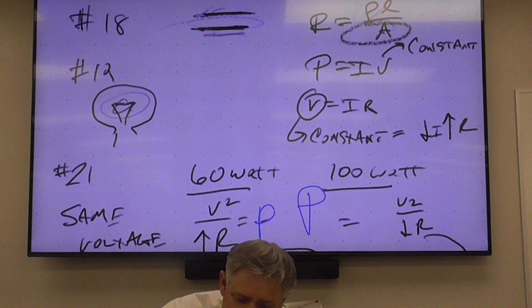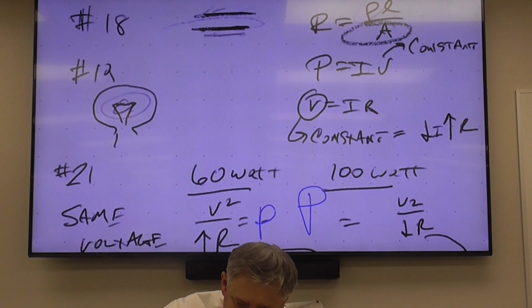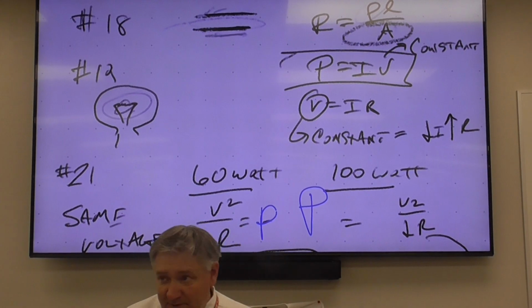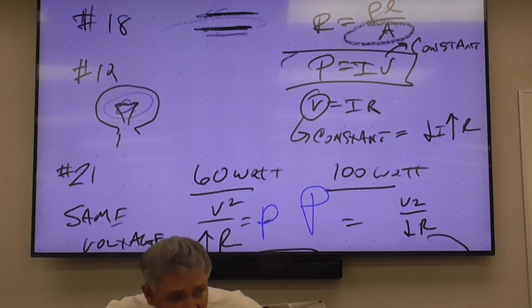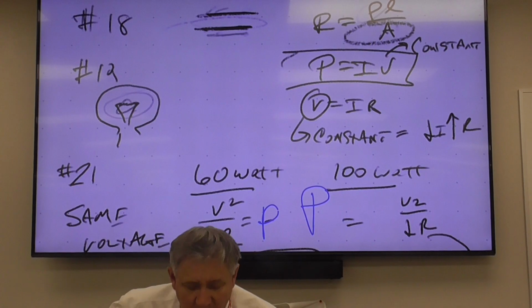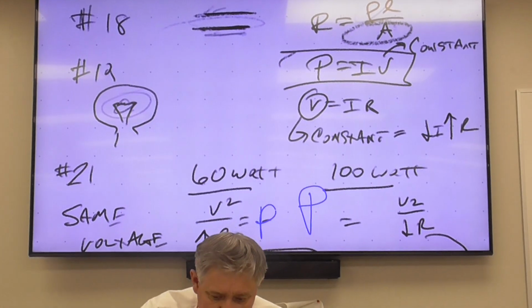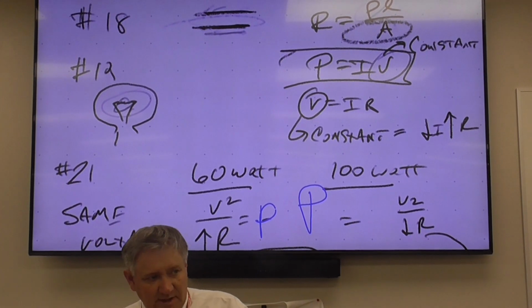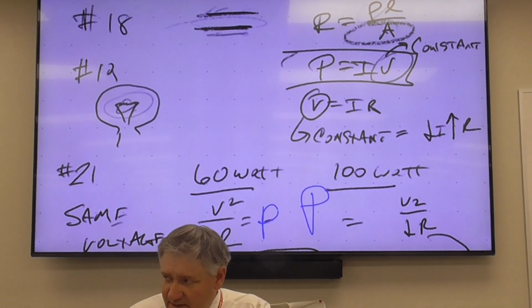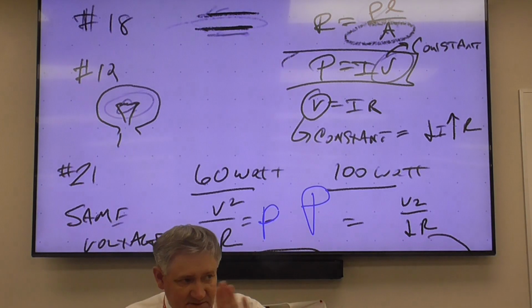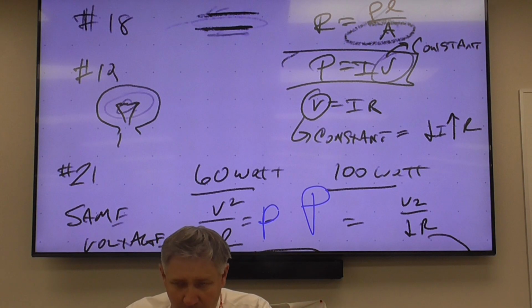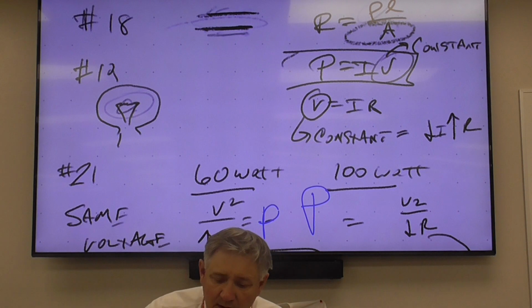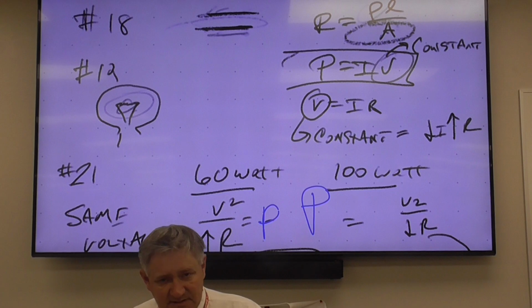So there are two things you need to consider on 19. One is P = IV, okay? Power equals current times voltage. American households run off of a constant voltage of 120 volts, so you're not going to change the 120. No matter what happens, you screw in the light bulb, you're at 120 volts. So here's the next step.